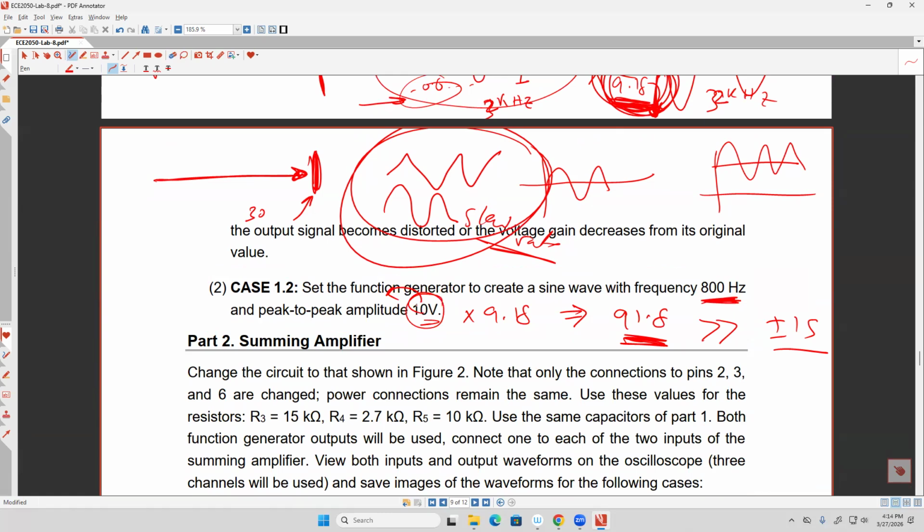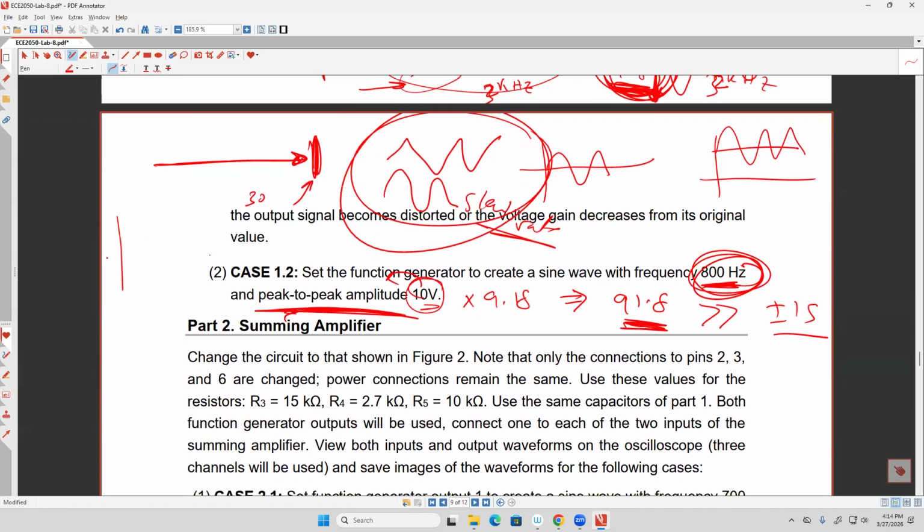So in this case, you can even make it smaller than 10. I'm not asking you to do that, but for learning, you can. Keep the same frequency, but change the voltage gradually and see what's happening. As long as you don't hit the limits, which is actually the bias voltage, for example, if I decide to make the bias voltage positive 15 and negative 15, then the output is very nice.